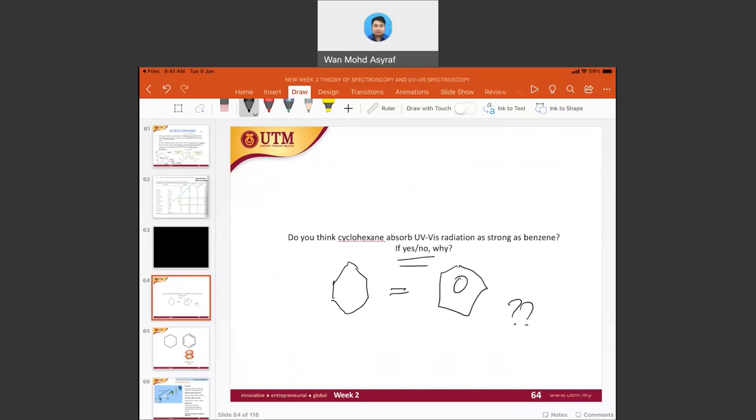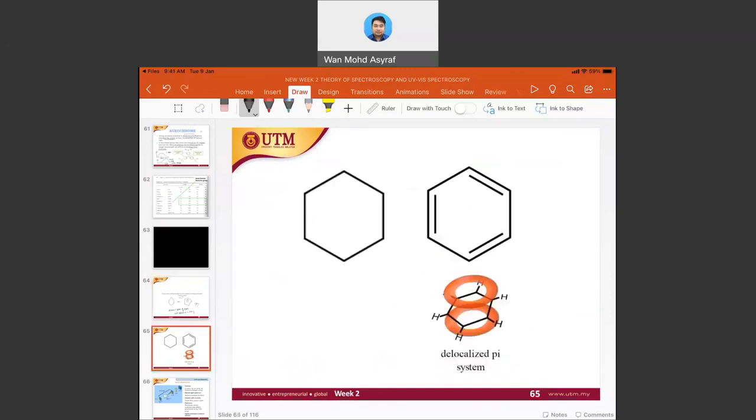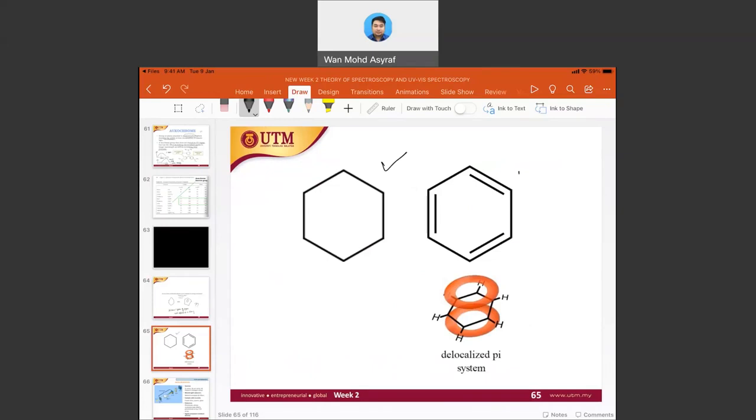As usual, jot down on a piece of paper and upload it. So this is an example of cyclohexane, and this is benzene. You need to justify why cyclohexane or benzene can absorb or cannot absorb UV radiation.